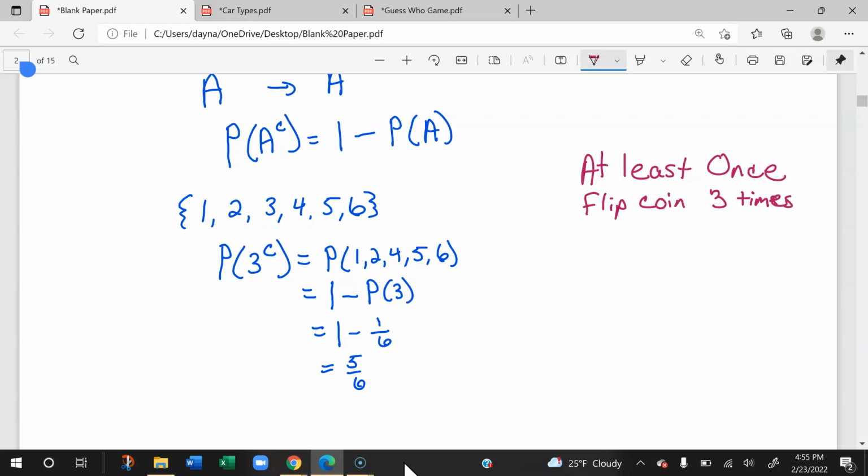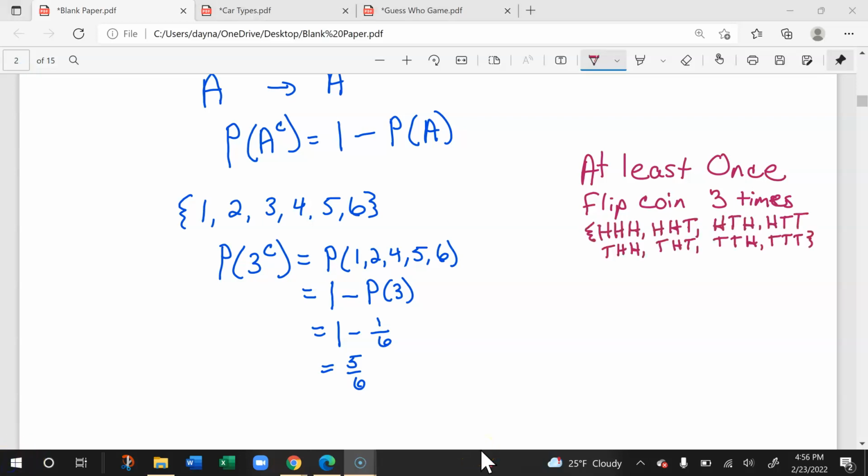Now, pause the video, do a tree diagram, and list out your sample space for flipping a coin 3 times. Go ahead and do so. Pause the video, and then unpause it whenever you've finished. Okay, so you should have gotten that there are 8 different possible outcomes when we flip the coin 3 times.